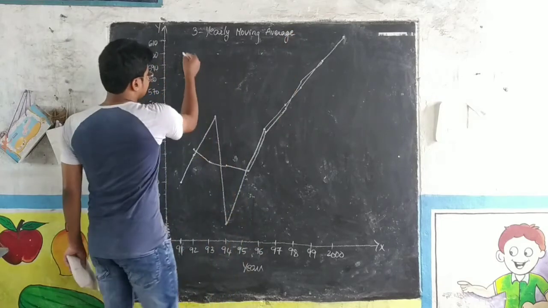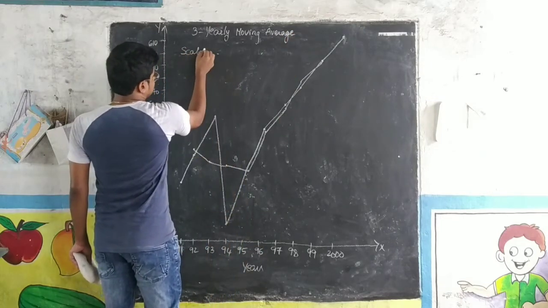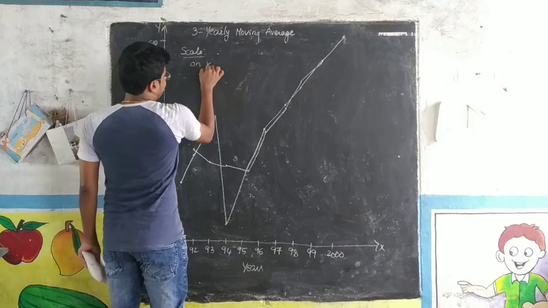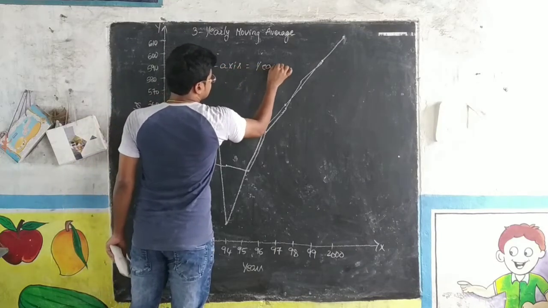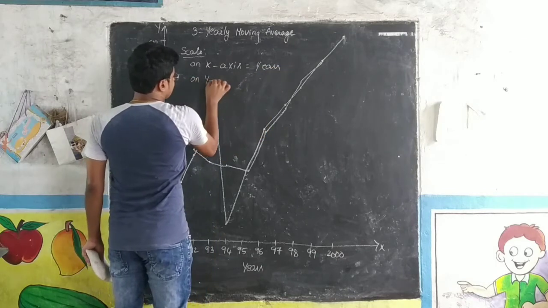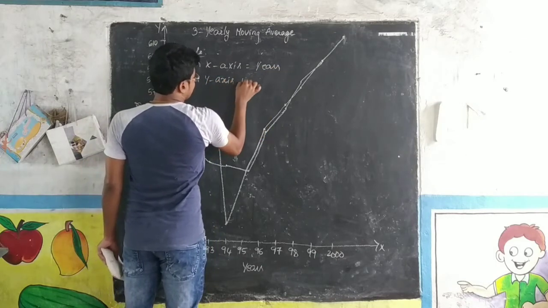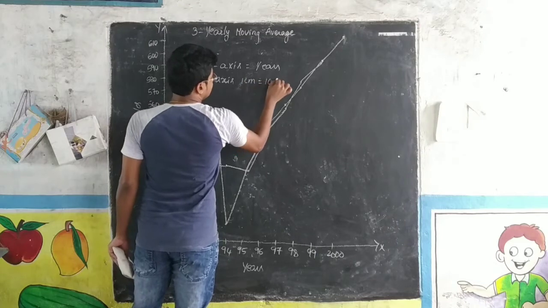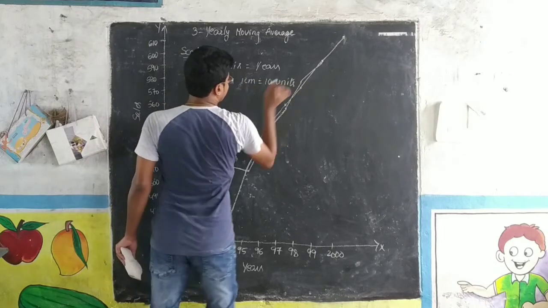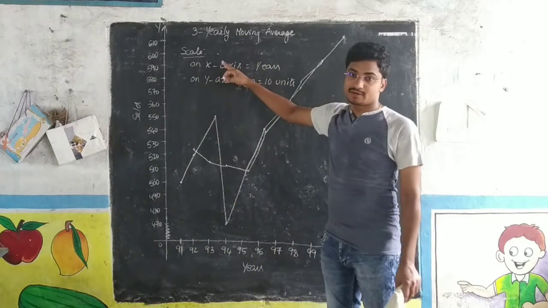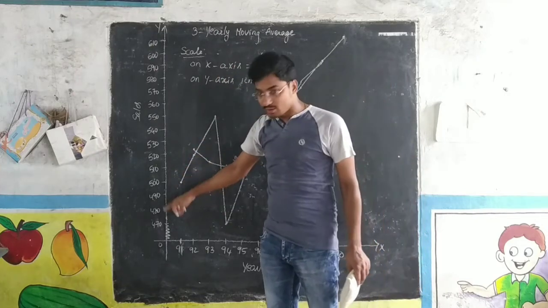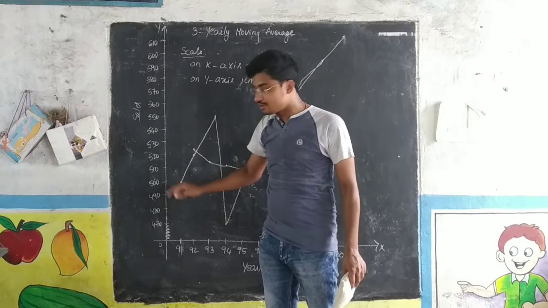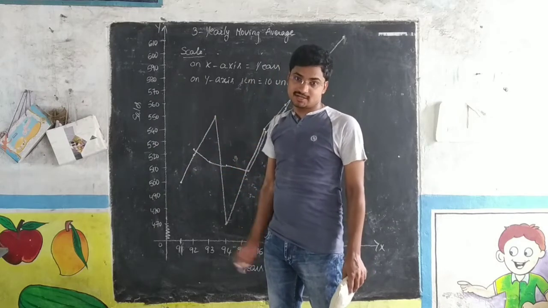Scale: on the x-axis is years, on the y-axis 1 centimeter equals 10 units. Scale is important. 470, 480, 490 and so on till 610.